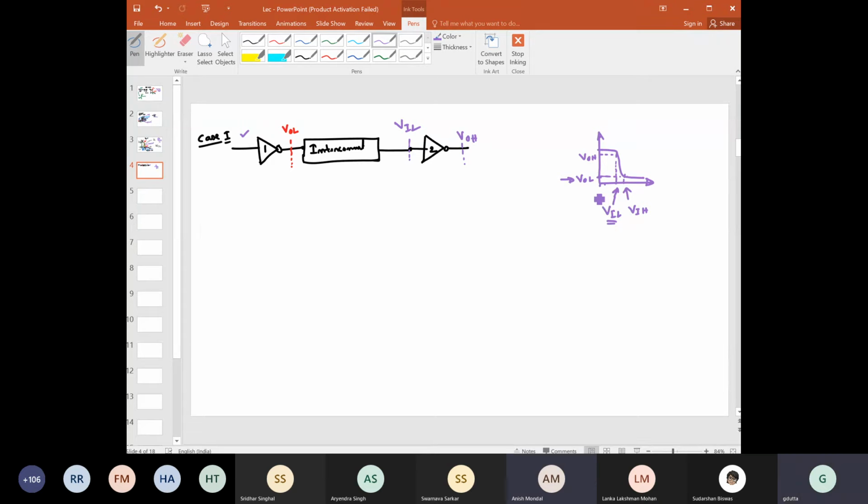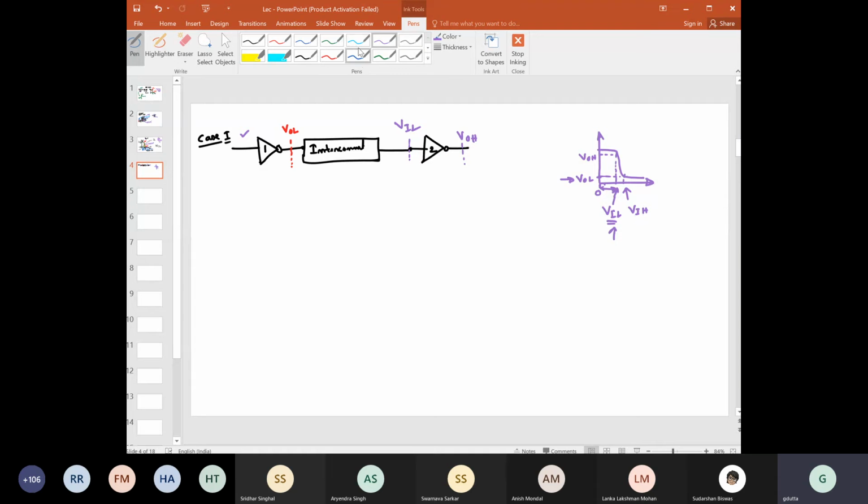Sorry, you are right, it should be the maximum. Minimum is 0. So from 0 till maximum VIL, any voltage here. But to get the output voltage as VOH, or logic high, the maximum voltage you should apply is VIL. You understand, right?